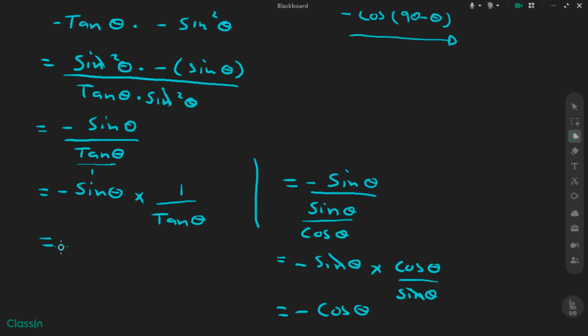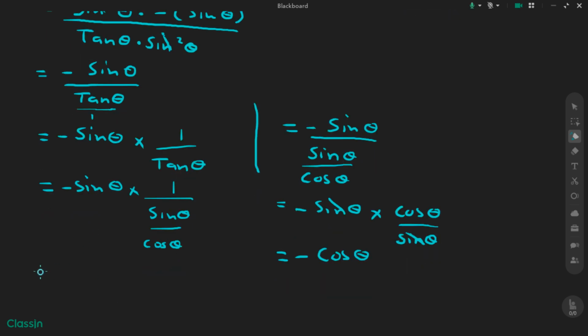So this side, probably negative sine theta multiplied by 1 over sine theta over cos theta. So at the end, we will have negative sine theta multiplied by 1. Again, we change a division sign to multiplication, and you are finding cos theta over sine theta.